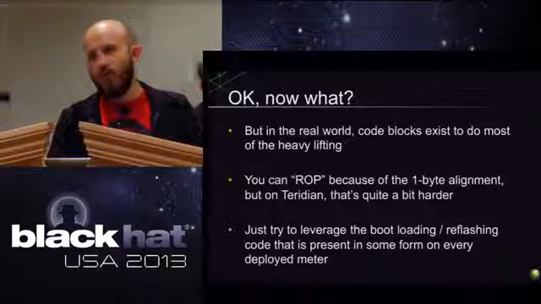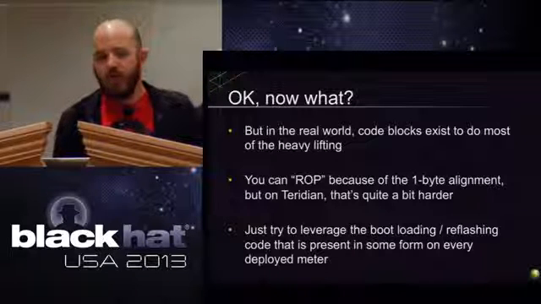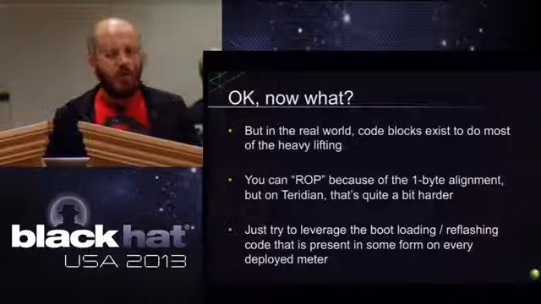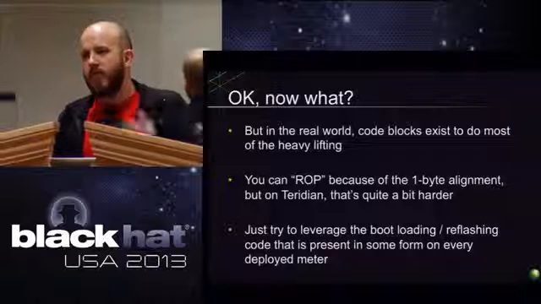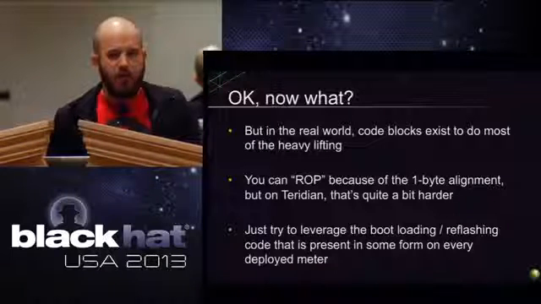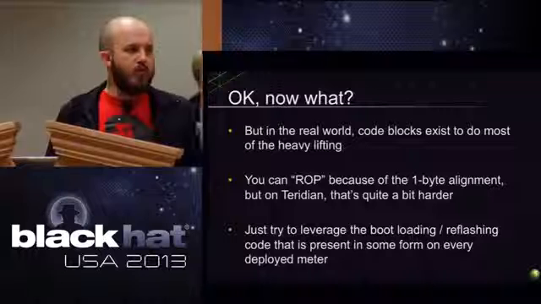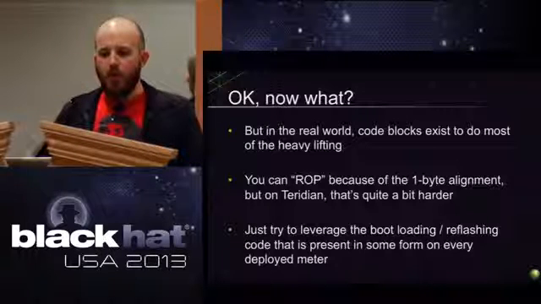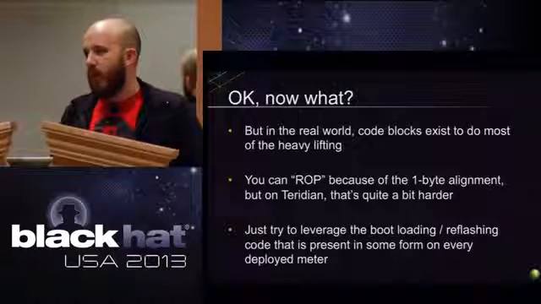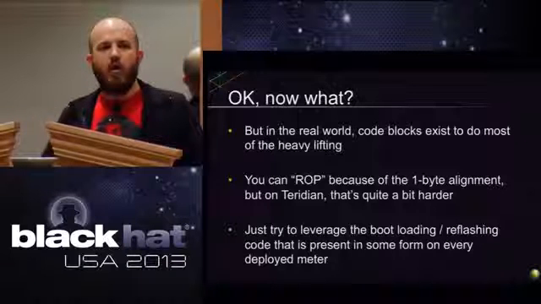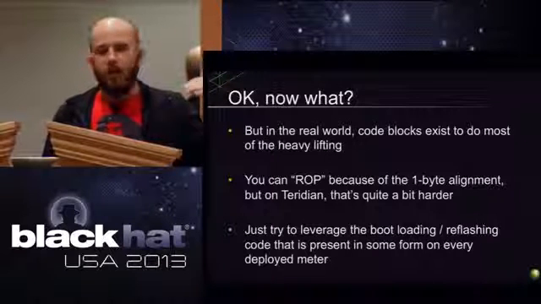But again, real life scenarios come to the rescue. Even though architecturally that could be really hard, those are the same problems the code has to solve for itself, so code blocks exist that do most of that heavy lifting. In the real world, you're going to have things like bootloading and reflashing code, so somewhere you're going to have code that does all those things for you.